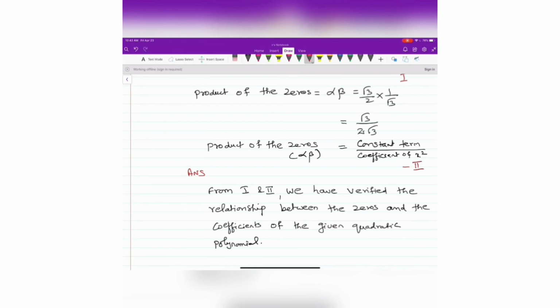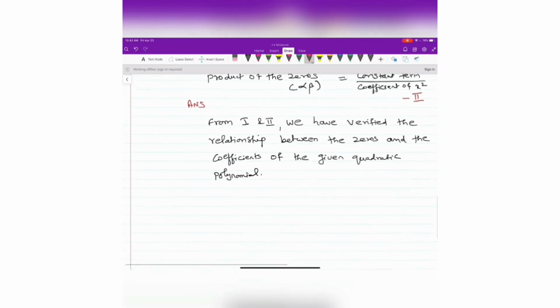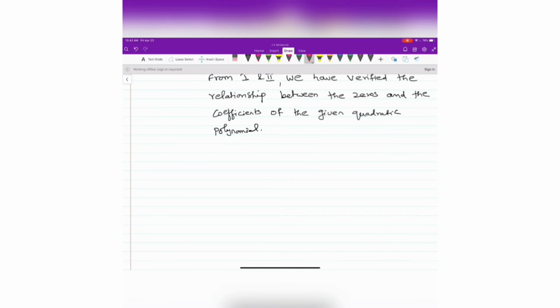At the end, you have to write both the answers together as your final answer.